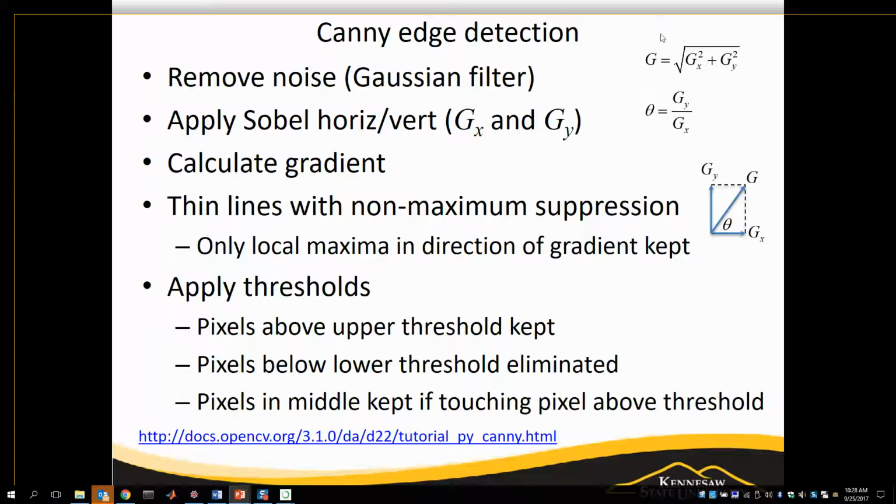Okay? So you can think about the Gx and the Gy as being normal components to an edge of a gradient. Okay, and this brings you back to, I don't know, was it Calc 3 when you do gradients of vectors? Anybody done Calc 3 yet? Is that when you do gradients of vectors? Yes.